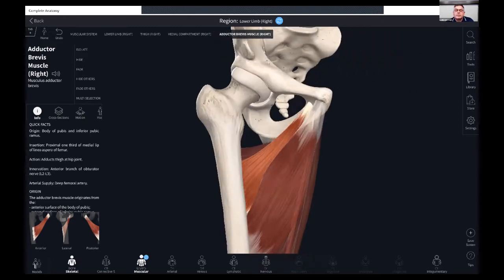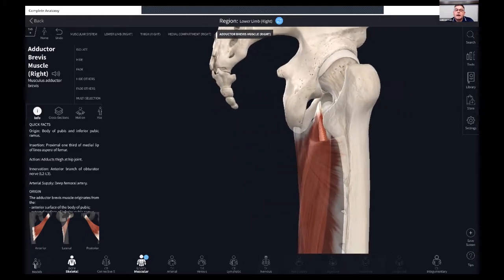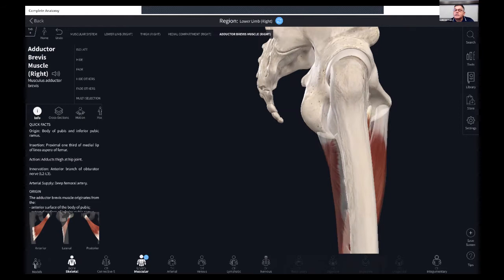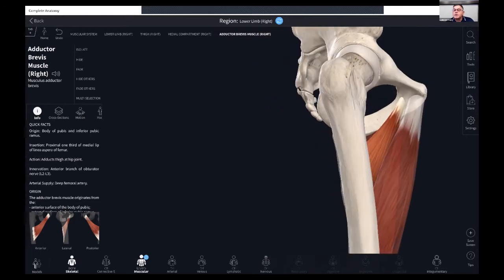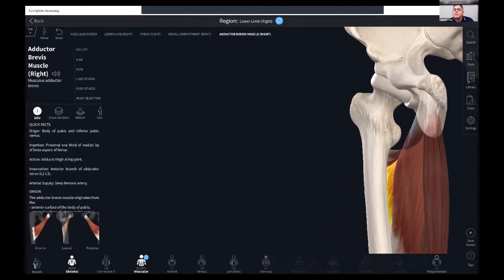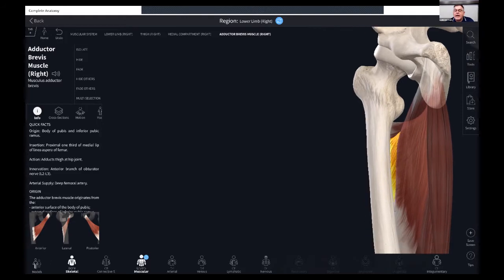It's hard to see with that in place. As we look on the posterior side, it really sits posterior to adductor longus, as you see. It's not highlighted yet, but it sits posterior to that, behind the pubis. It inserts in the proximal third of the medial lip of the linea aspera.